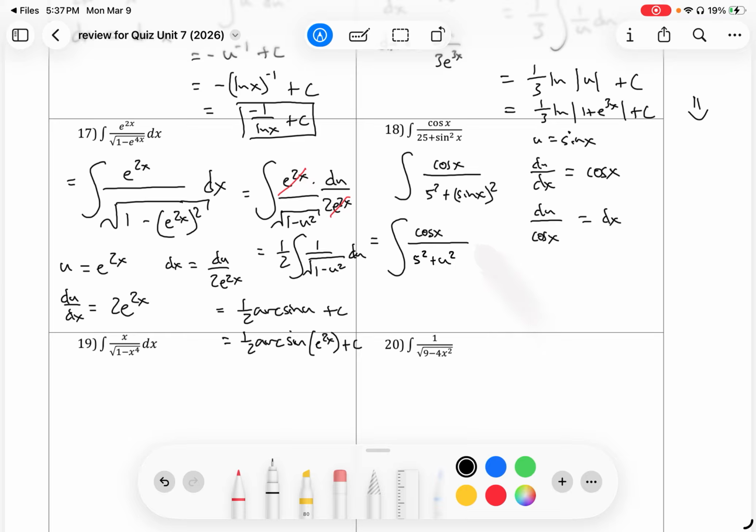So these cosine x will divide out, and I will end up with the antiderivative of 1 over 5 squared plus u squared du.